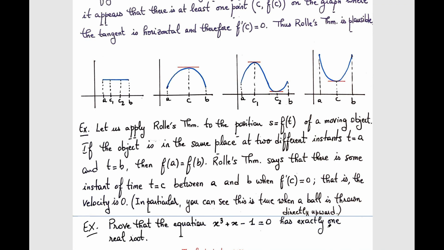All right, how are we gonna do this? I'm gonna go to a blank page and copy it. So x cubed plus x minus 1 equals 0. Let me write that down. So this is the example.